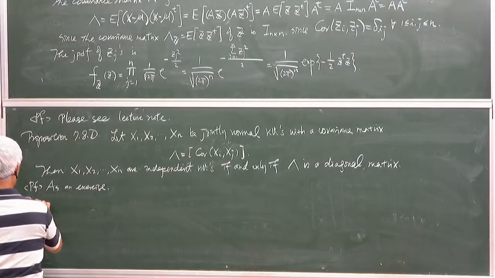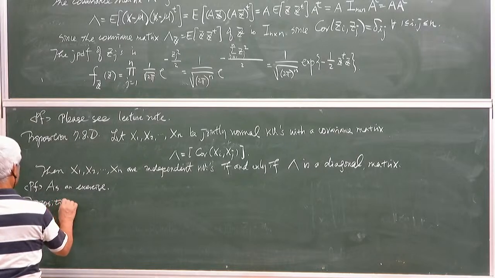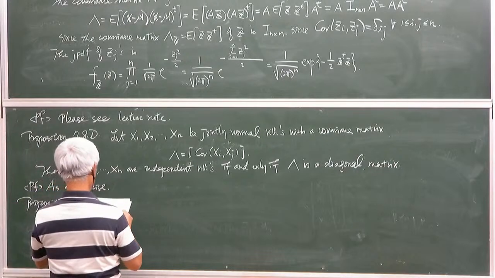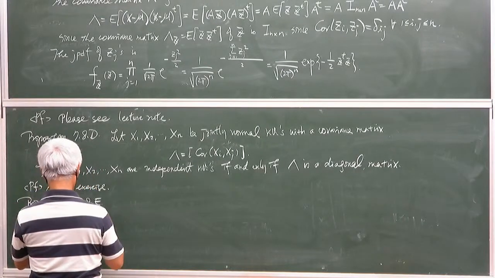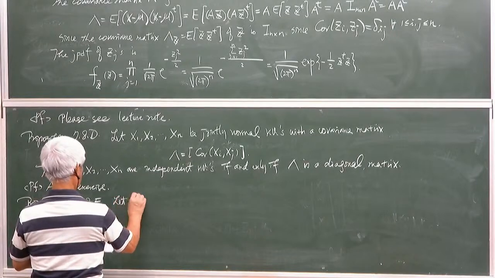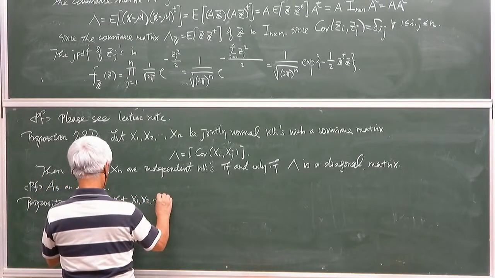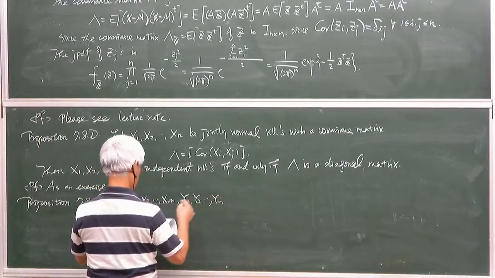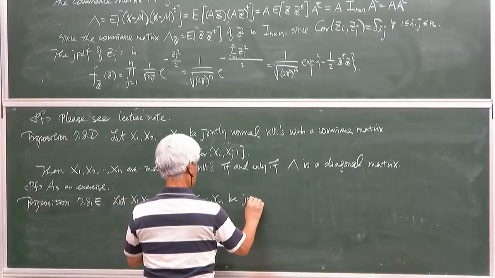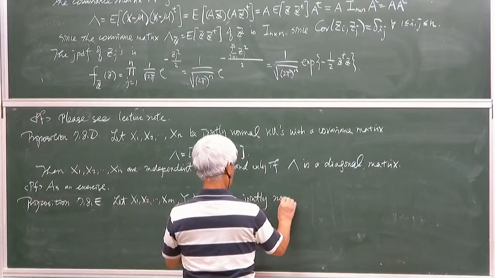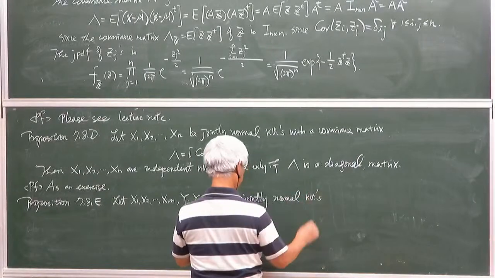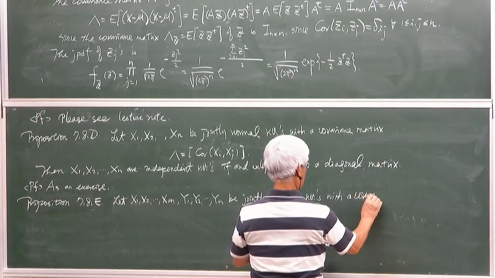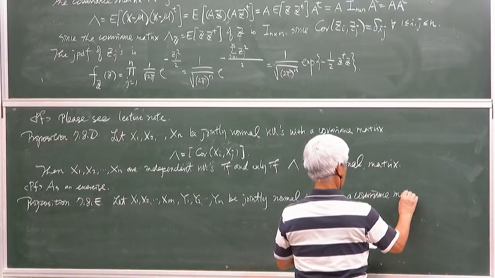And the last proposition given today will be: let x1, x2 up to xm, y1, y2 up to yn be jointly normal random variables with a covariance matrix lambda.